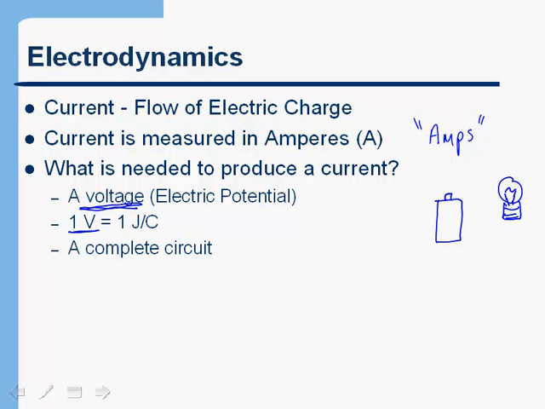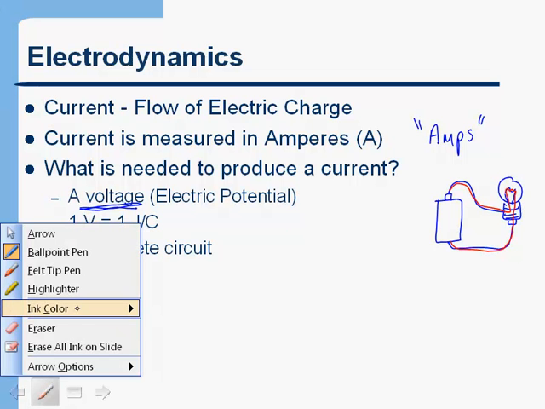In other words, I need a current to do that. Well, in order to do that, what I would do is I would take one end of the battery and connect it to one of the connectors on the light bulb, and then go from the other connector on the light bulb back to the battery. And basically what now can happen is the electricity can flow through the wire, through the filament of the light bulb, and back down to the battery. So we have a complete circuit, and that's required if we want current to flow.